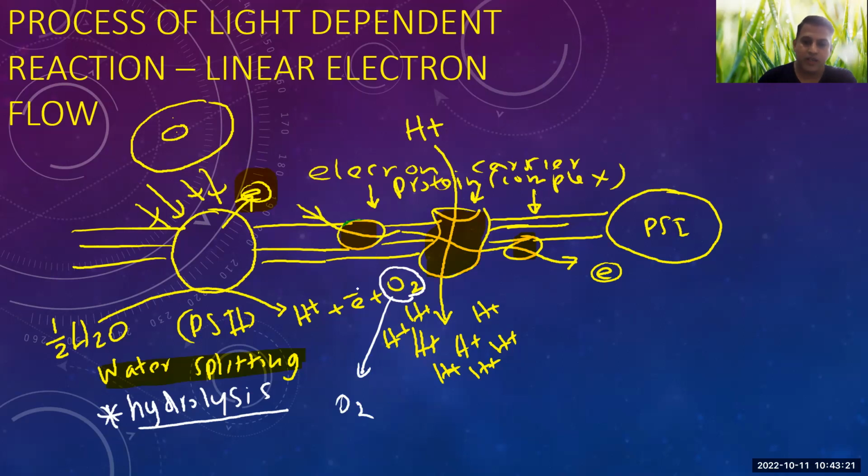And what happened to this electron? This electron can move back to the PS2 complex. This electron donates its electron to the chlorophyll. Chlorophyll becomes stable again, because this electron comes to the chlorophyll from the reaction of water splitting.